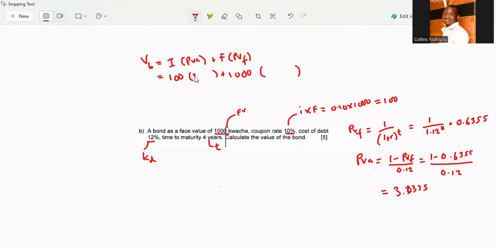Okay. 3.0375. And here, 0.6355. So what becomes the value of the bond?